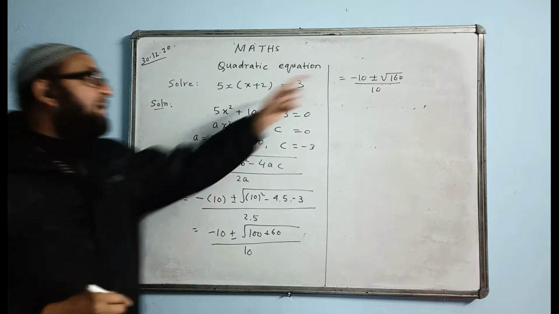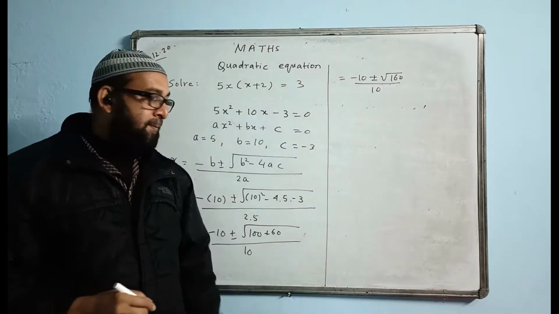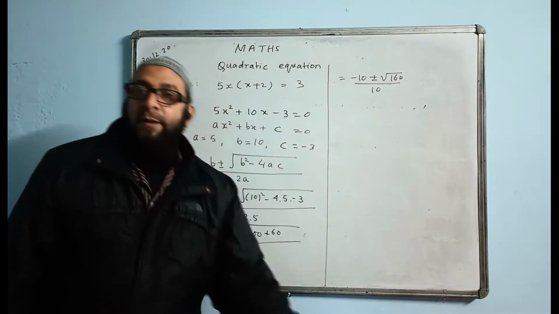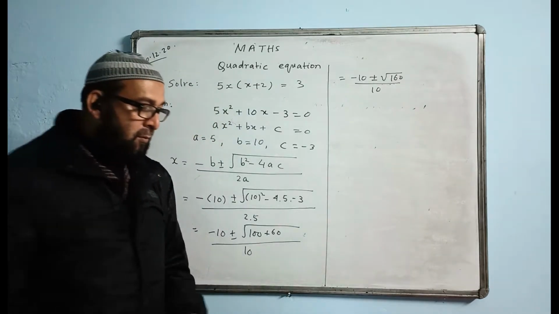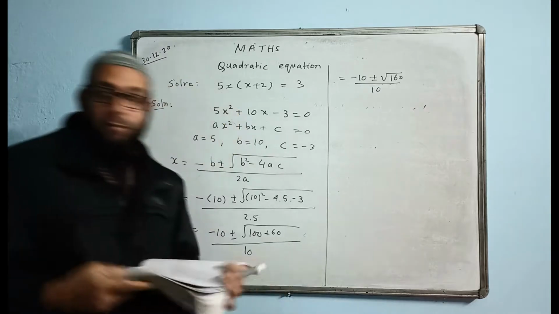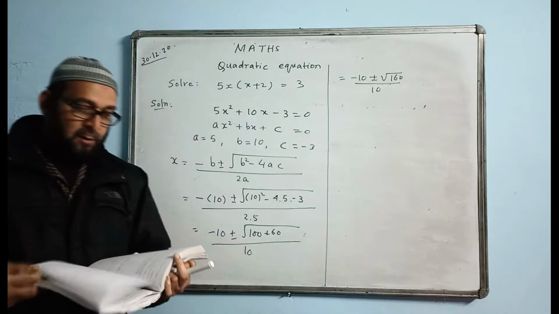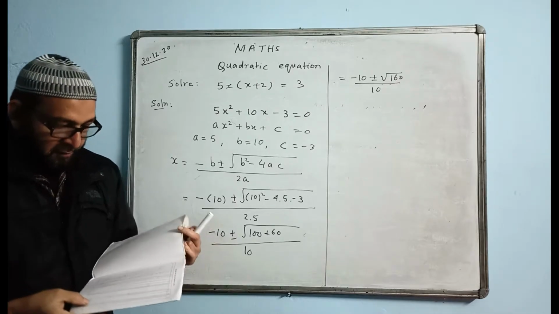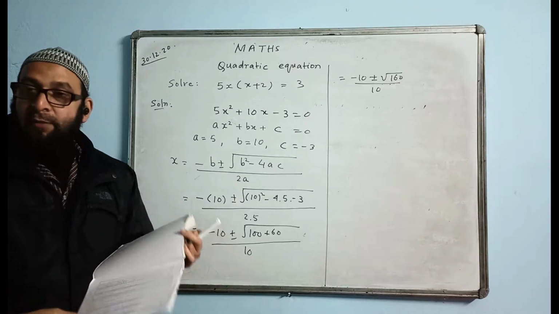Now, how do we find the value of root 160? The value of root 160 is not available in this page, nor even in the log book, as more than 100 is not available.